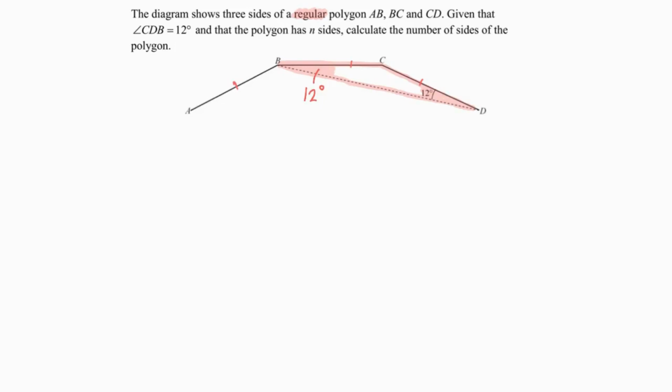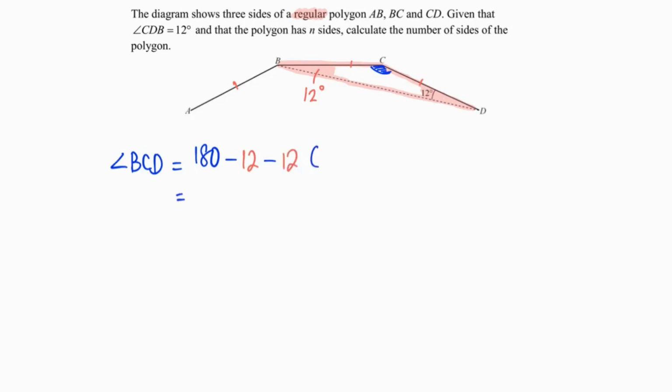For this, I will need to know the interior angle first. So angle BCD is equal to 180 minus 12, minus 12.